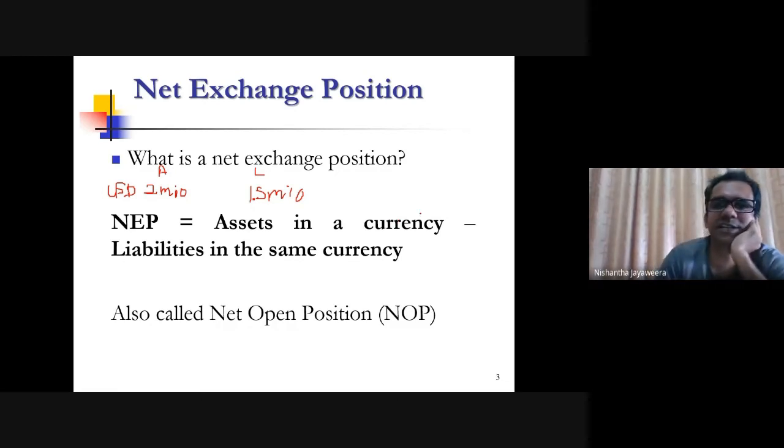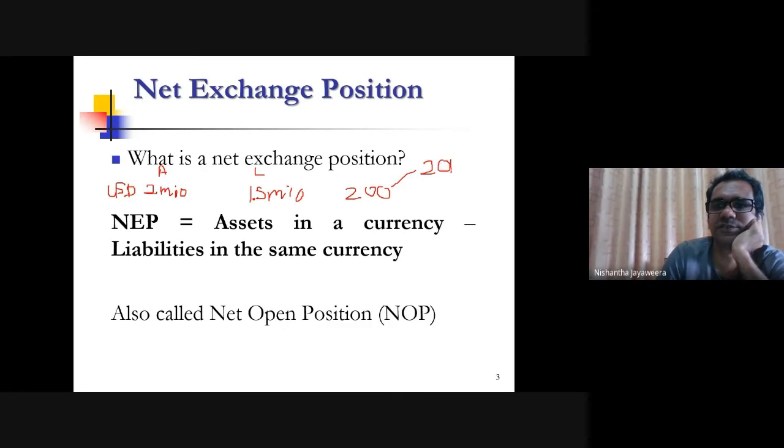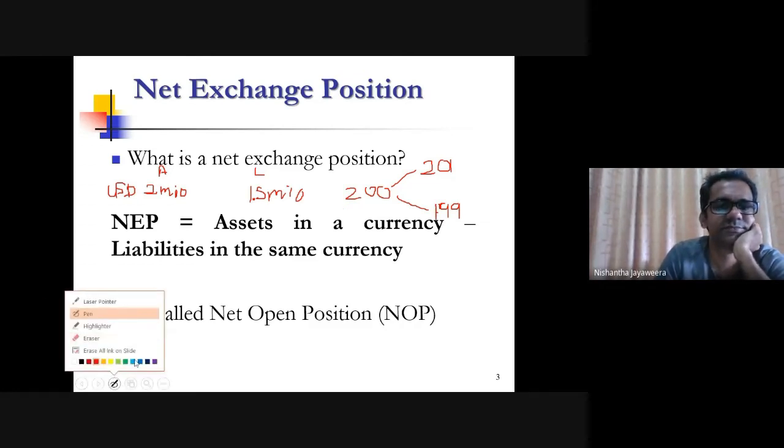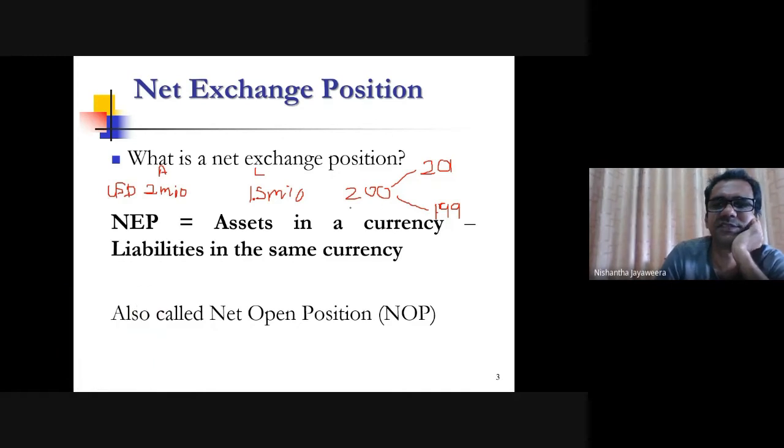Say the current exchange rate is 200. What would happen if this exchange rate goes to 201? And what would happen if this goes to 199? Or does the exchange rate matter? Is this something we have to worry about?